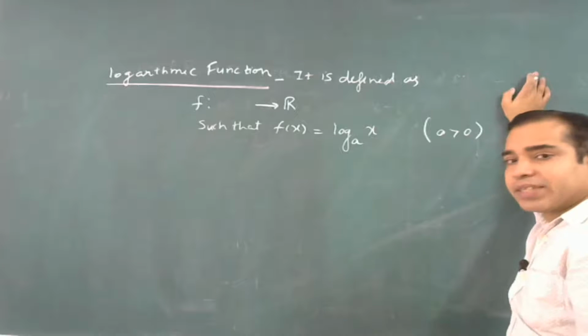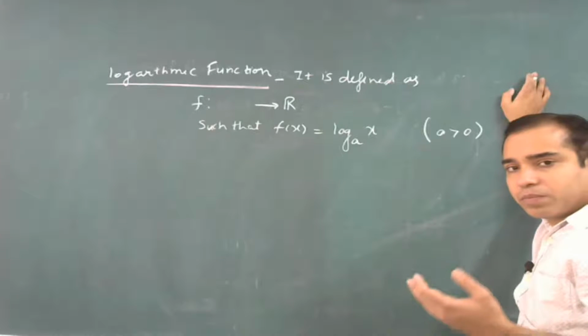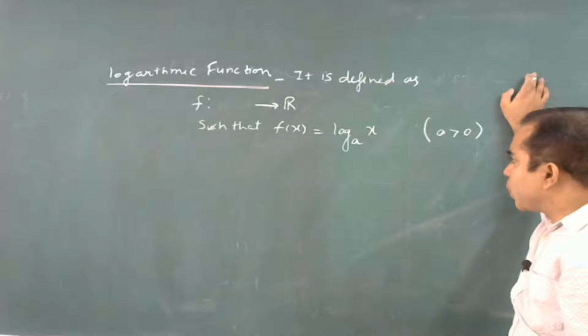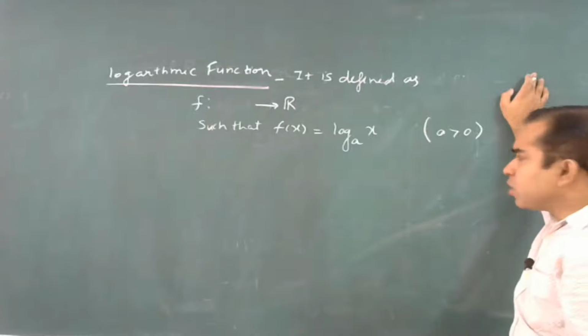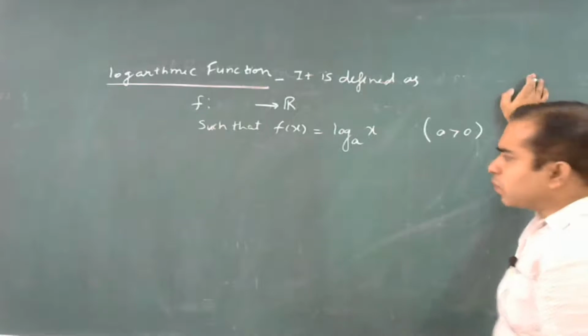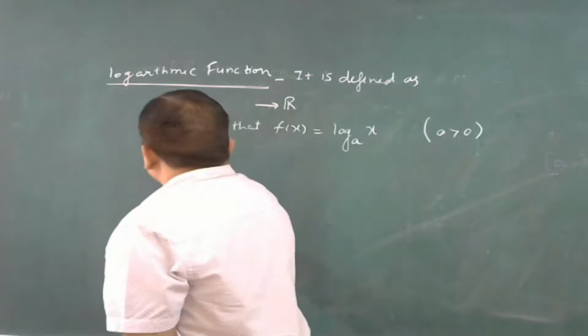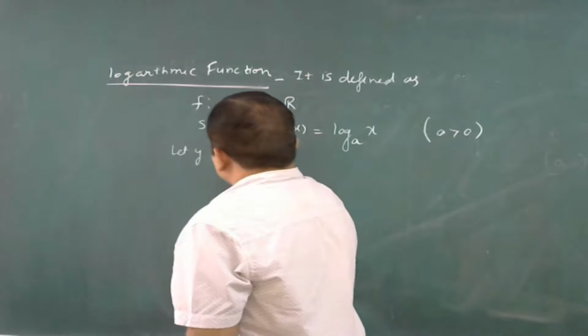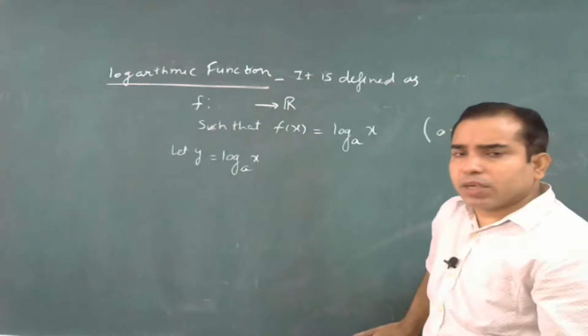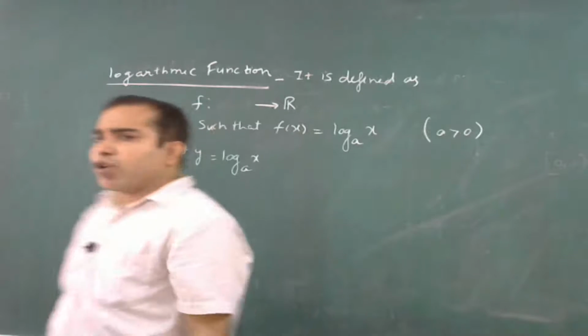How it is the inverse is in the next year's class 12 syllabus. So in detail we will discuss there. Now the graph. To draw the graph, assume y equals log x base a, right? And there are some log tables, but before that let us take a particular value of a.